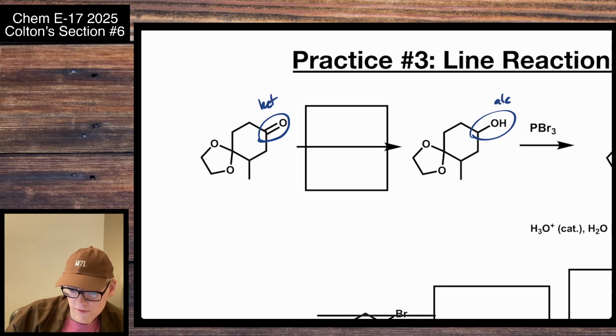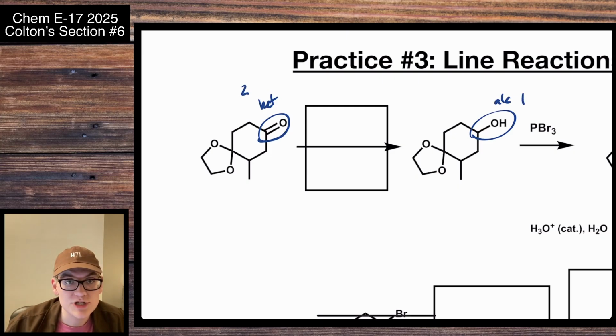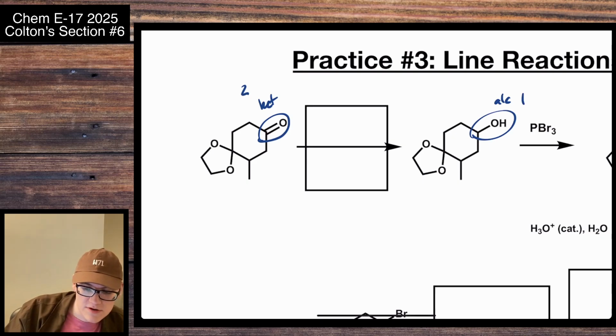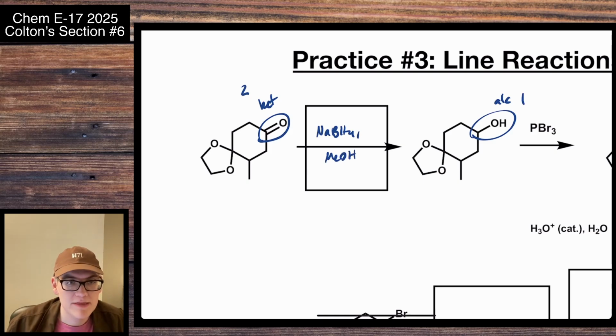So if we go from ketone to alcohol, we're going from oxidation level 2 to oxidation level 1. We're doing a reduction. And so for a reduction, we can use either sodium borohydride with MeOH, or we can use lithium aluminum hydride with ether and then acid workup. Either one works. Both of them will react with ketones. So, cool.